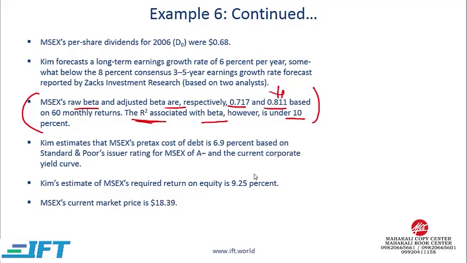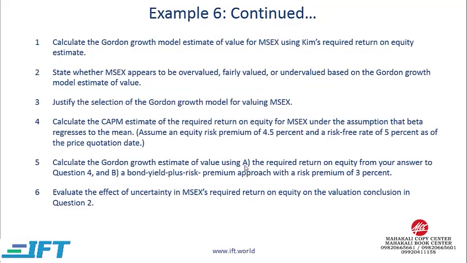Okay, so now let's look at some of the questions. Calculate the Gordon growth model estimate of the value of the stock. This is going to be fairly straightforward. It's just the value at time 0 will be D1 over R minus G, and you are given all the variables. And then how do you figure out whether it is overvalued, undervalued?